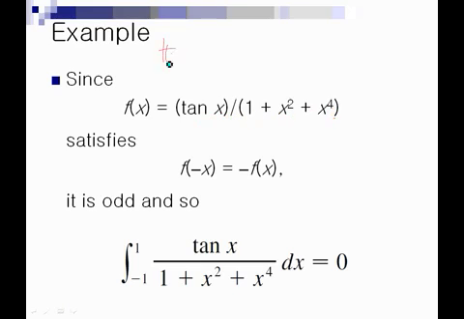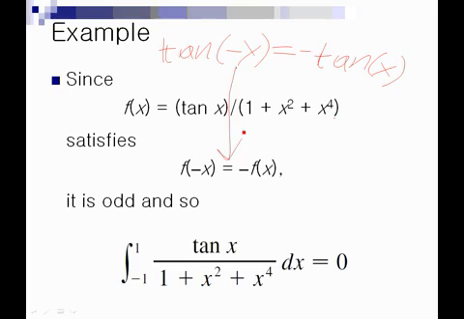The tangent of negative x is always the negative tangent of x. So therefore, it's an odd function. And therefore, if you integrate it from negative 1 to 1, despite the fact we probably would have had a great deal of difficulty being able to solve it, if at all, for the general antiderivative, we know this given definite integral must be 0.